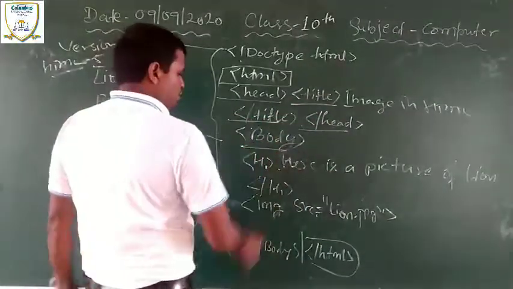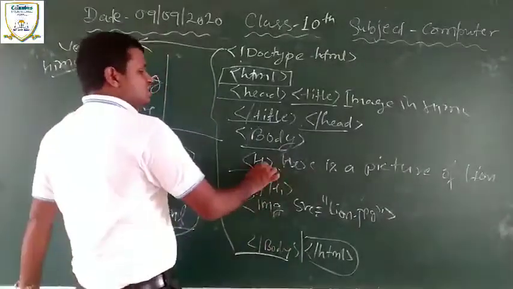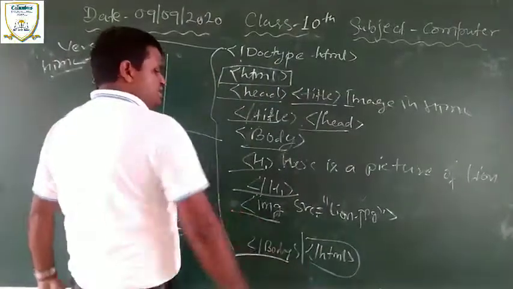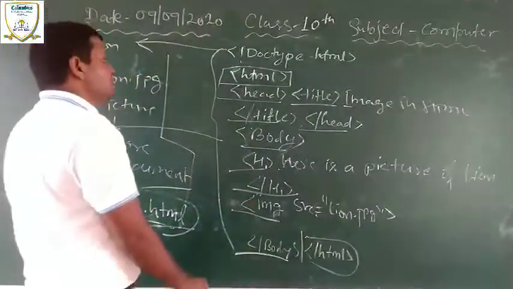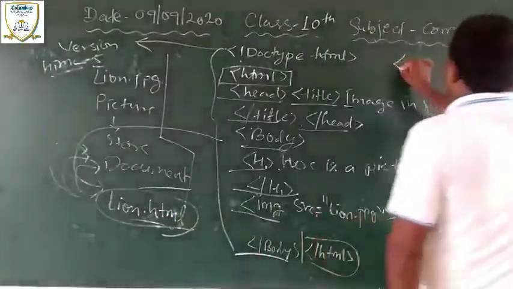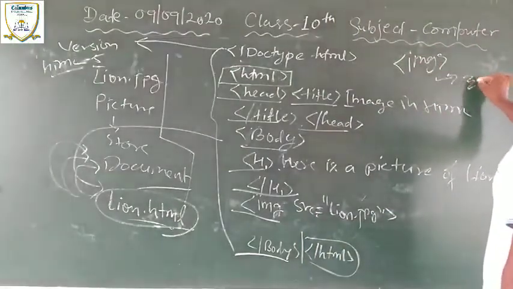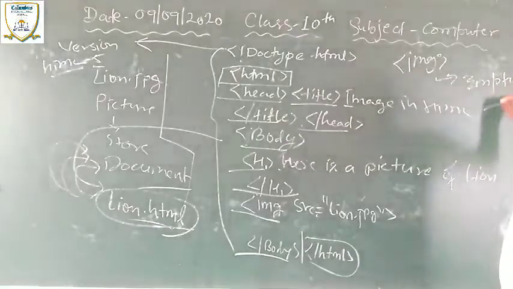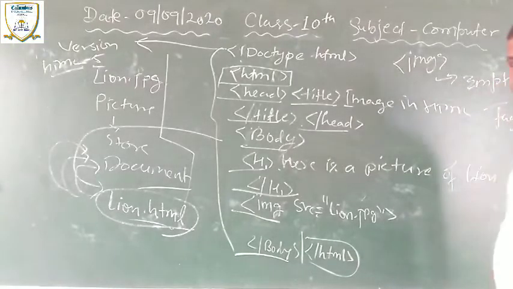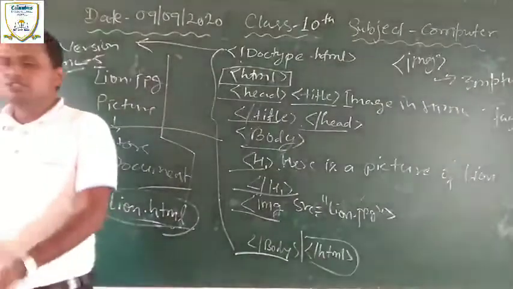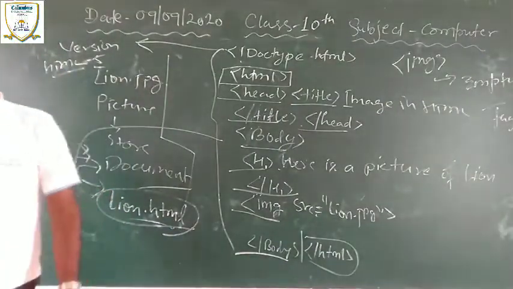Body is started, so body is closed. H1 is started, so H1 is closed. But img is started and never closed. It means the img tag is an empty tag. Which type of tag is img? The img tag is an empty tag.